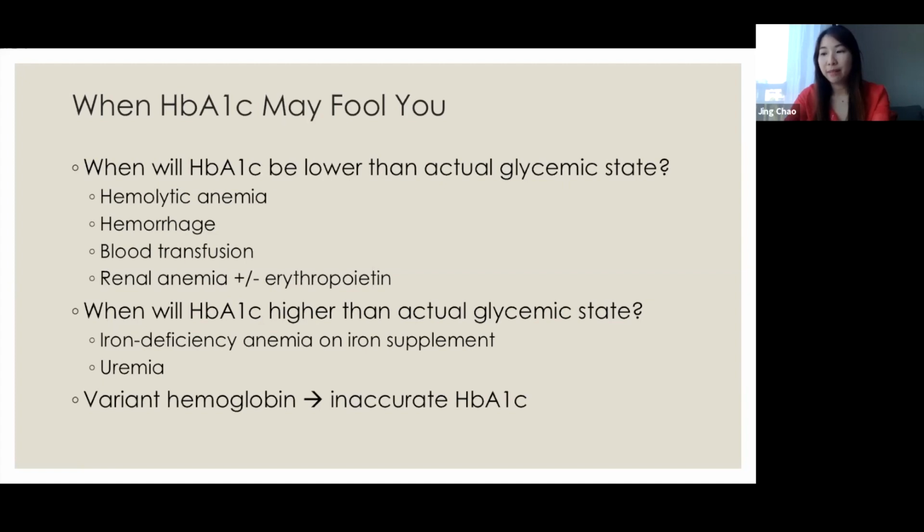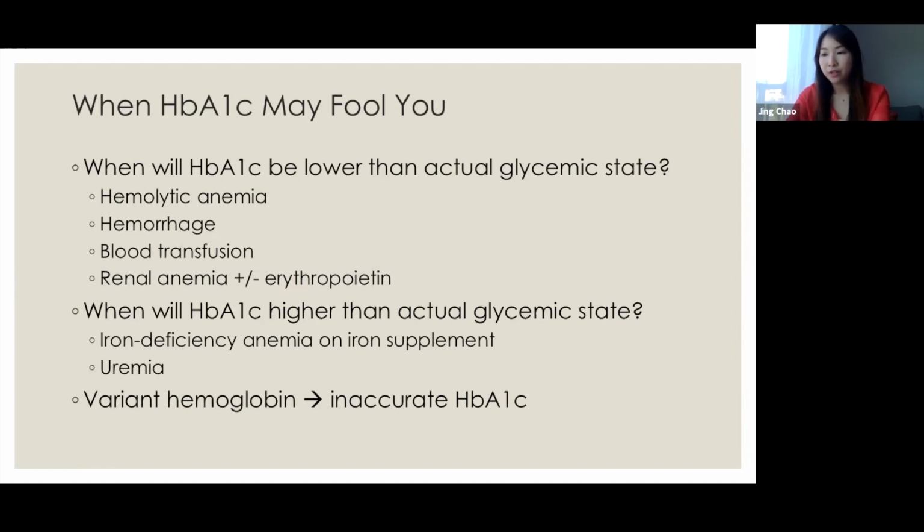A1C will look better than patients' actual glycemic control when there is blood loss, faster red blood cell turnover, for example when patients are getting erythropoietin, or when the red blood cells are not theirs, such as in the context of a transfusion. The reason for A1C to look falsely low is that what we're measuring is the advanced glycation end products that are tagged on the surface of patients' red blood cells as a result of their red blood cells being immersed in glucose in the blood.